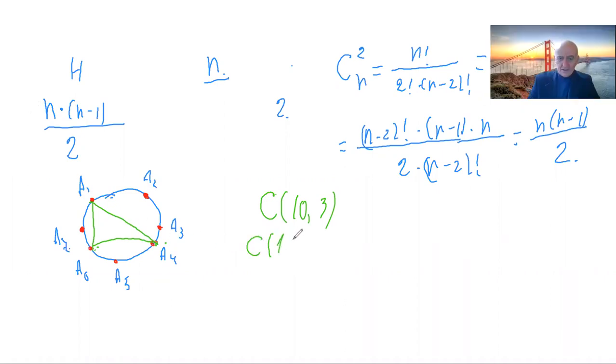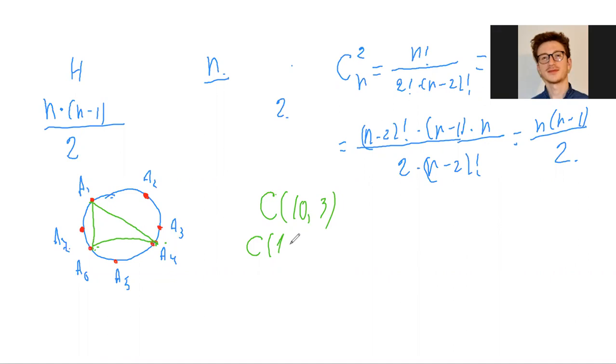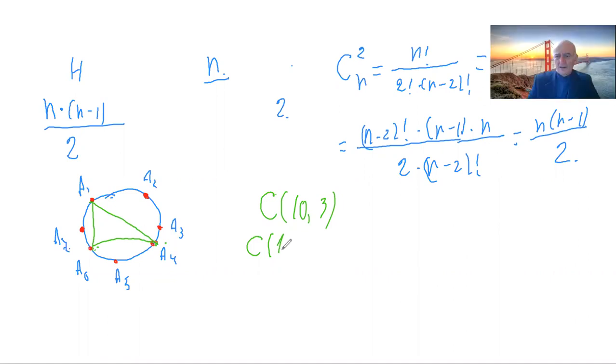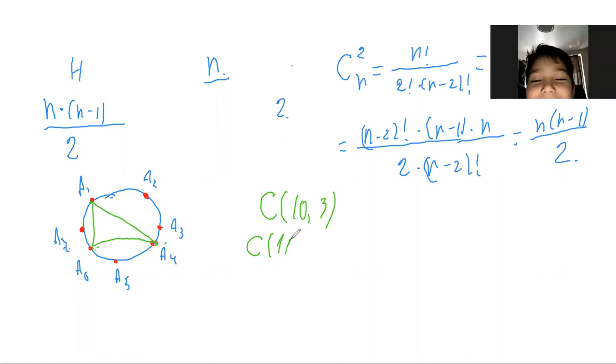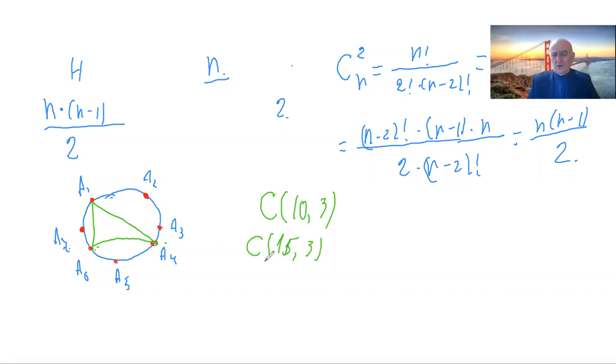So we all agree that we can choose. We use here the formula for combination because all people are equal.